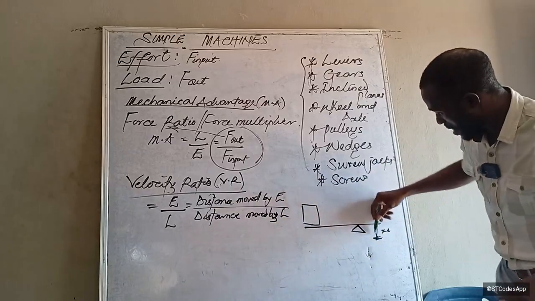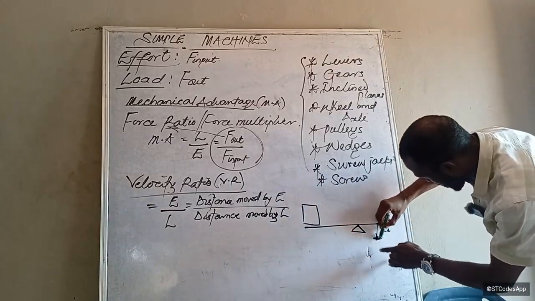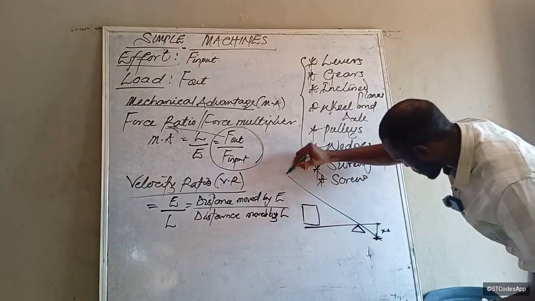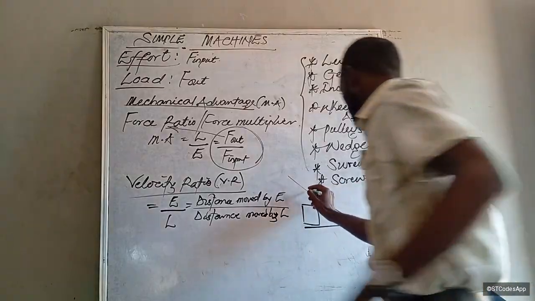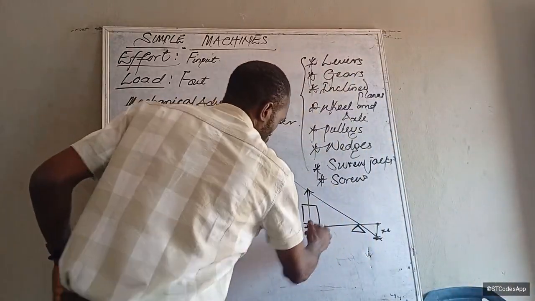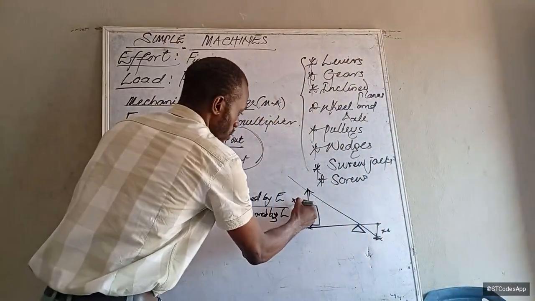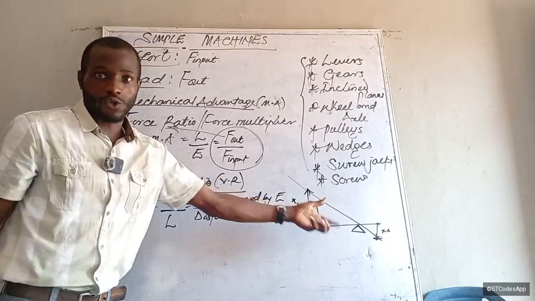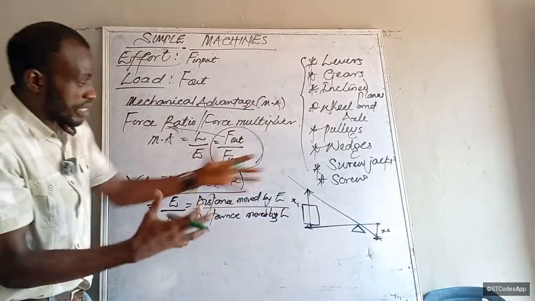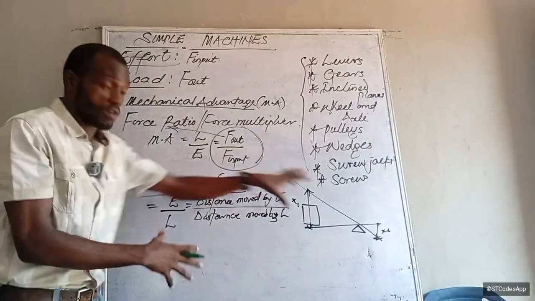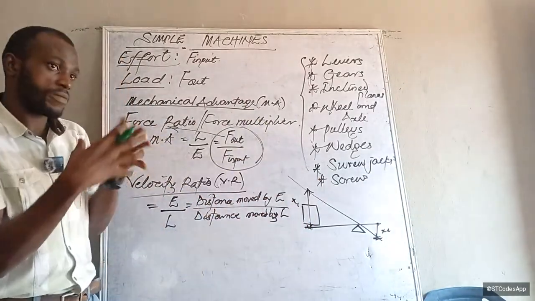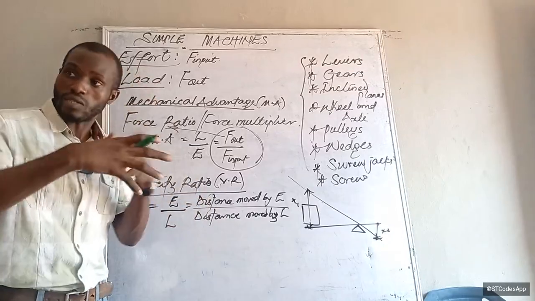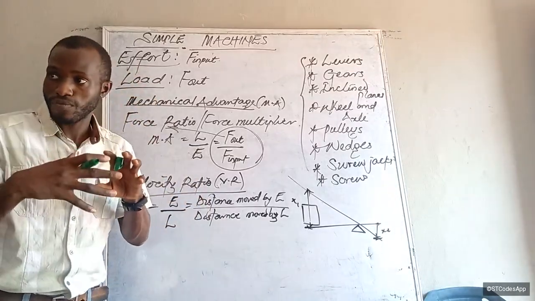This guy will move, if I move this thing down, the line will come in this direction. Do you see the distance that the load moved? X of load. So it means that this machine is very efficient. I'm just trying to make you see where the formula is coming from, or the use of the formula. It relates the distance moved by the effort to the distance moved by the load.